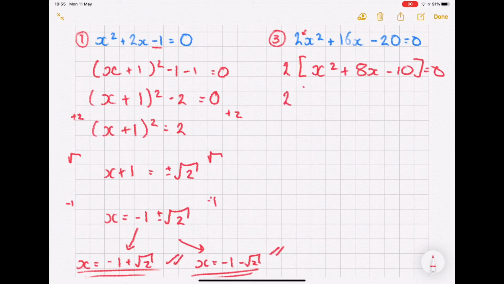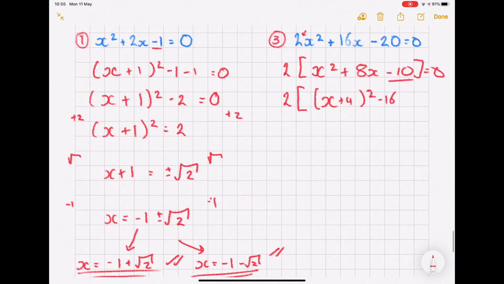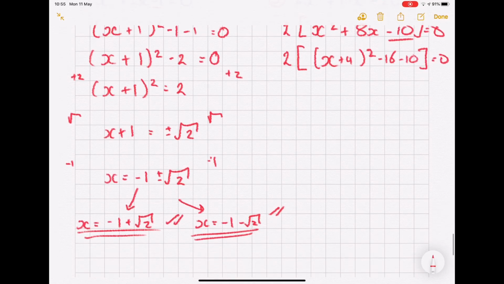So 2x squared, half of 8 is plus 4. 4 squared is 16, so subtract that. And then we add that one on the end, so take away 10 equals 0. Let's simplify. So x plus 4 squared, negative 16, negative 10 is negative 26 equals 0.